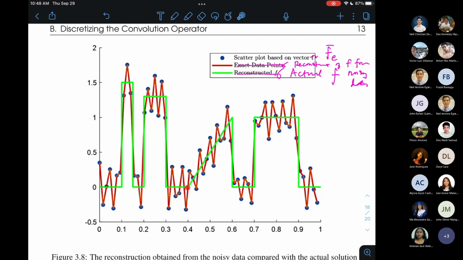Actually, dito, di ba kanina, ganito lang yung itsura nung ating naive reconstruction from perfect data. Pero nabago lang by 1% yung ating ginamit na data points, ang laki na naging epekto doon sa ating reconstruction. Hindi na kamukha ng original function F yung naging reconstruction natin.